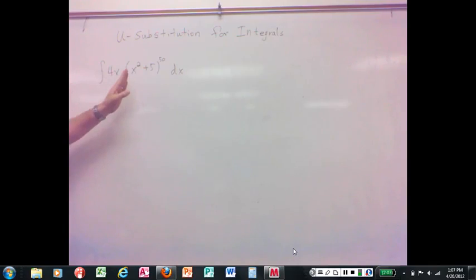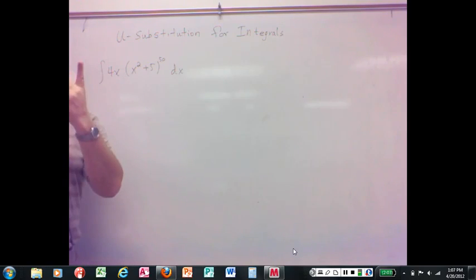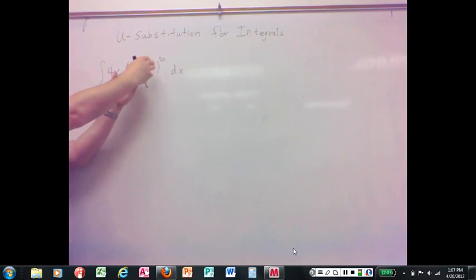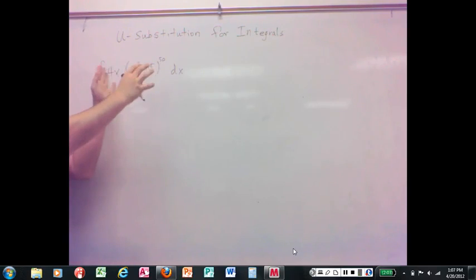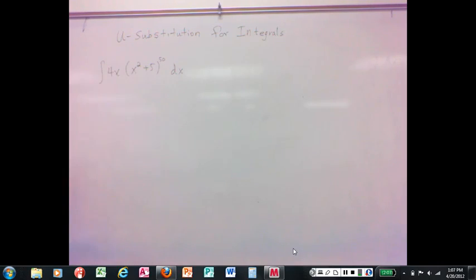If we had encountered this, not with the 50th power, but maybe a squared power, or maybe even a third power, one option would be to go ahead and square that out, multiply that out, and then distribute the 4x in, right? That's what we would have done in the previous section.